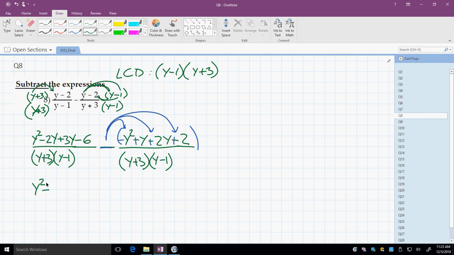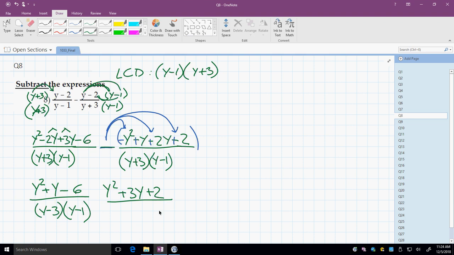So it's going to be positive y, because here I have positive and negative 6, and this is going to be over the 2 same parentheses, y plus 3, y minus 1. Now here, I can combine the two terms in the middle. So I'm going to have y squared. These two are going to give me 3y plus 2. All this over y plus 3, y minus 1.